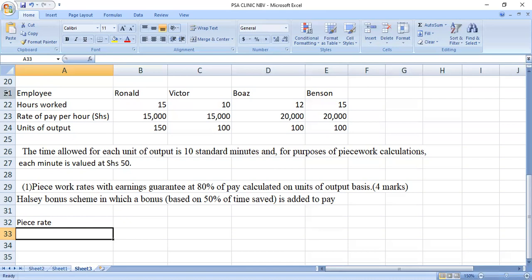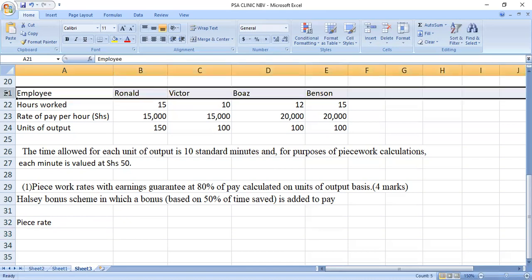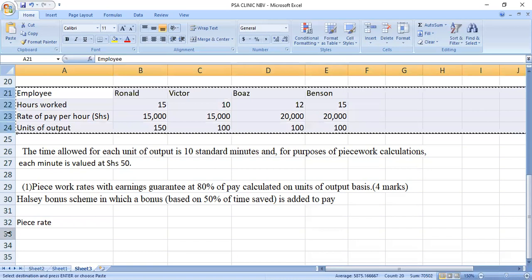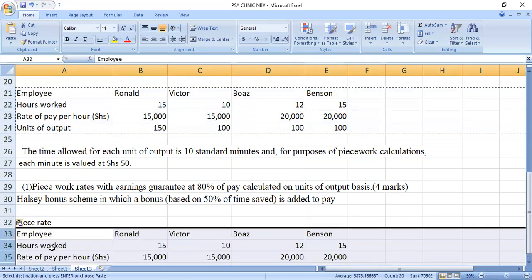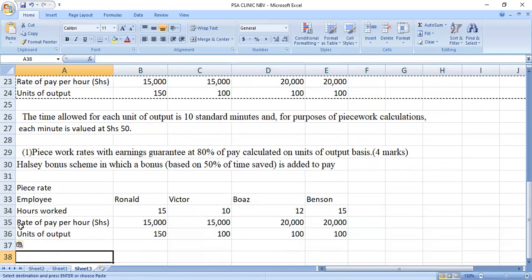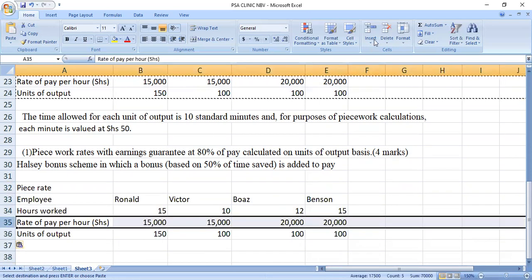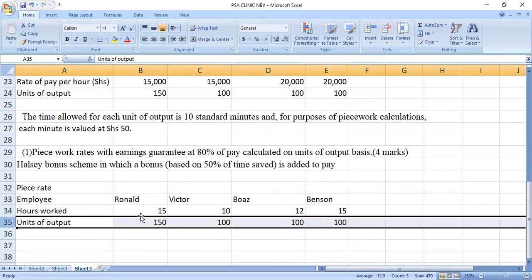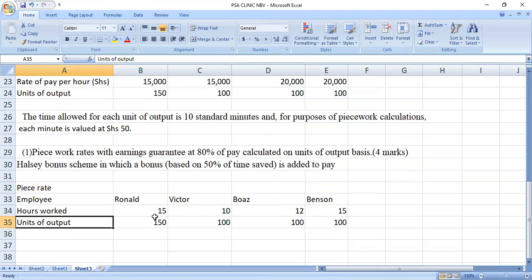So I'll bring this very information here and edit it accordingly. This is the information. I don't need the time rate. I may also not need the hours, but we shall see. We are basing our payment on the units produced.